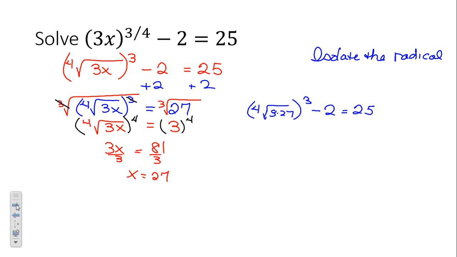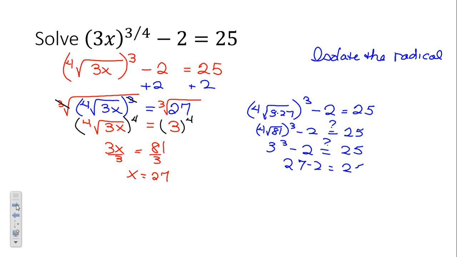What's the 4th root of 81? 3. So we've got the 4th root of 81 cubed, 3 cubed, minus 2. 27 minus 2, does that get us 25? Absolutely. So it checks. Okay.